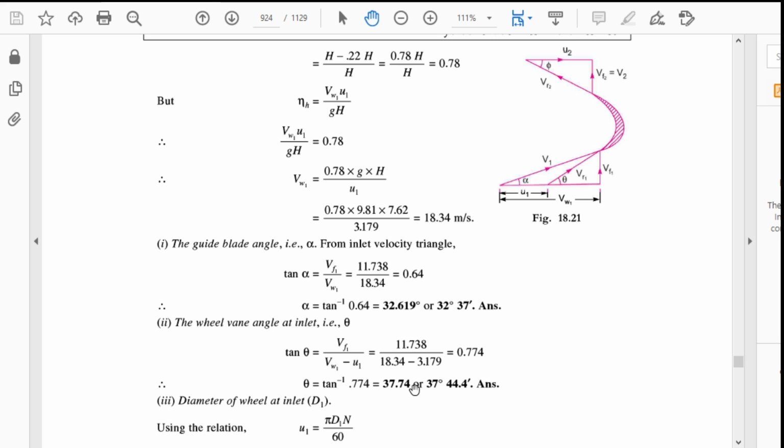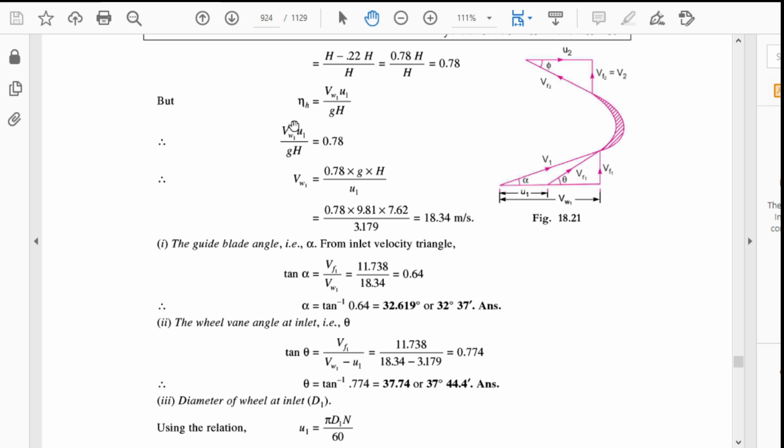But the hydraulic efficiency for Francis turbine can also be found by using the formula eta H equals VW1 U1 divided by gH. In this, H is a known value, U1 is known, VW1 you have to find out, and eta H we have found as 0.78.